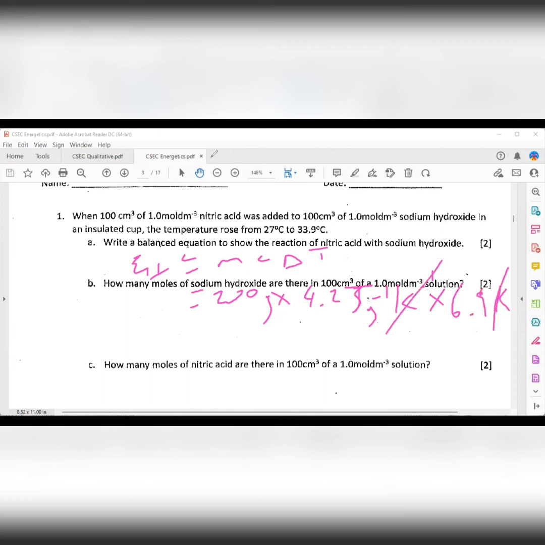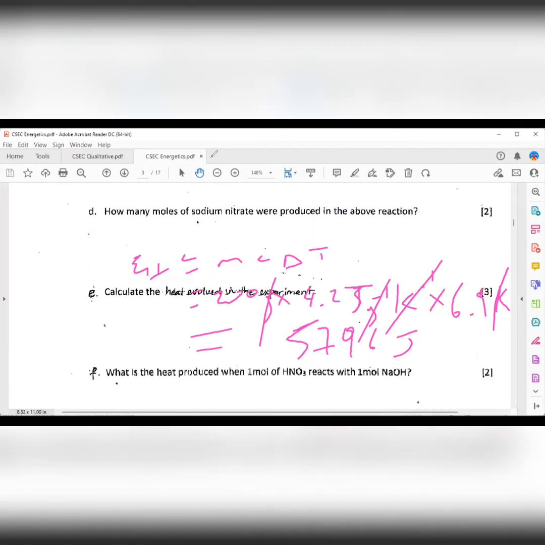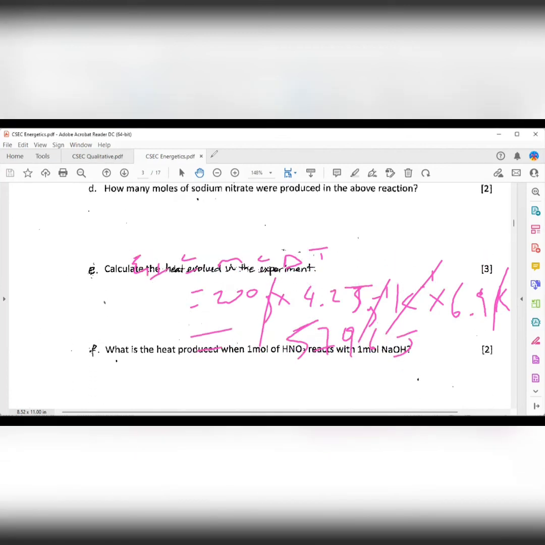Cancel that, that cancels that, that cancels that. You must include units in your calculation, because if you don't, you're going to lose marks. And that works out to be 5796 joules. So that is the heat energy evolved in this reaction, which would be right there.